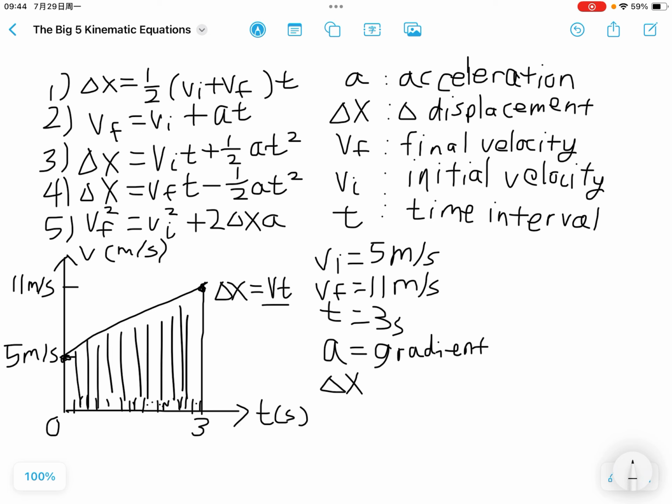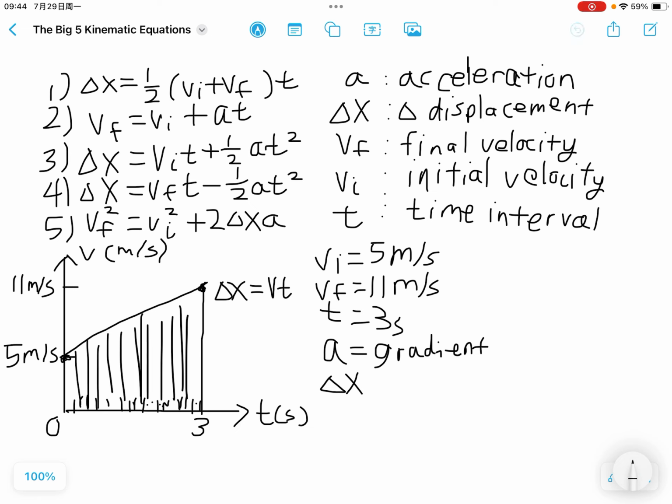We only have to care about this tiny coordinate here, because it's infinitely small. So we can just call this a tiny fraction of the time. And you know that at this point, let's say you have coordinates t, v, then during this infinitely small time interval, your delta x is going to be v times t, right? Velocity times time. Same thing as in primary school, you learn that distance is equal to speed times time.